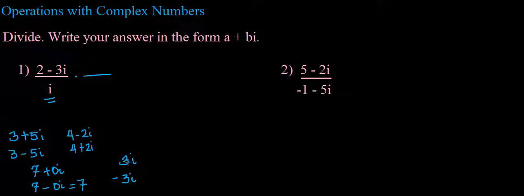You could rewrite 3i as 0 plus 3i, where 0 becomes the real part. And when asked for the conjugate, you can say it's 0 minus 3i, which is negative 3i. So that's why the conjugate of 3i is negative 3i, and this is why the conjugate of 7 is just that same 7.